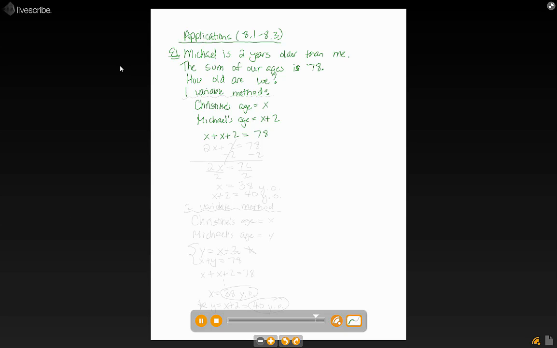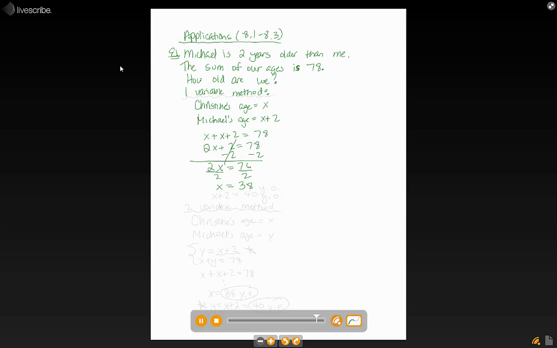All right. Then solving, we get what? 2x plus 2 equals 78. Subtract 2 from both sides. 2x equals 76. Divide both sides by 2. You get 38. And that's my age, right?